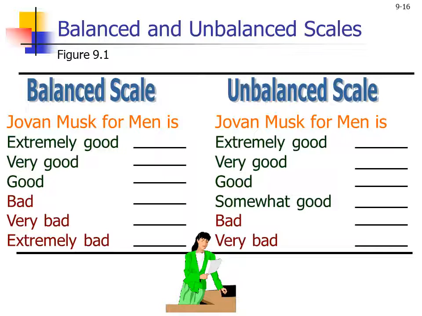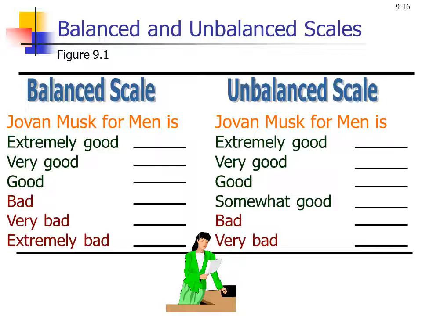In general, the scale should be balanced in order to obtain objective data. However, if the distribution of respondents is likely to be skewed either positively or negatively, an unbalanced scale with more categories in the direction of skewness may be appropriate.